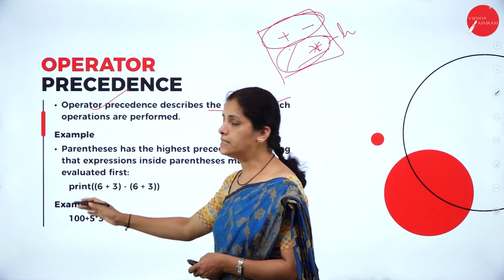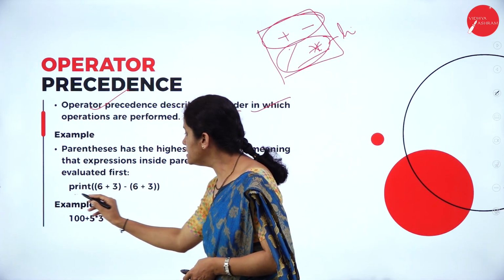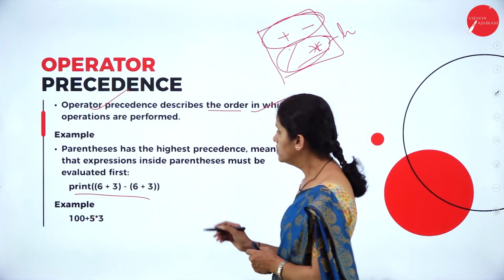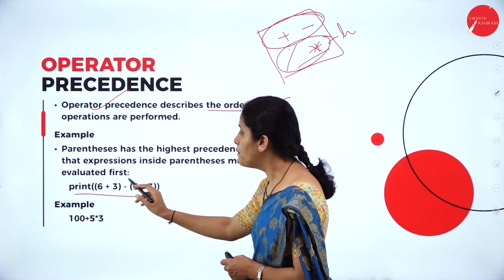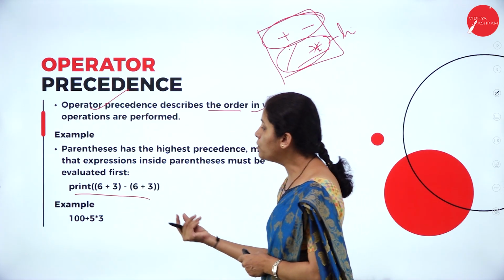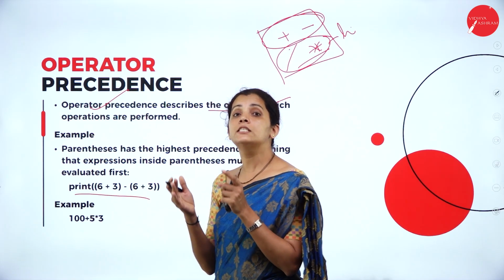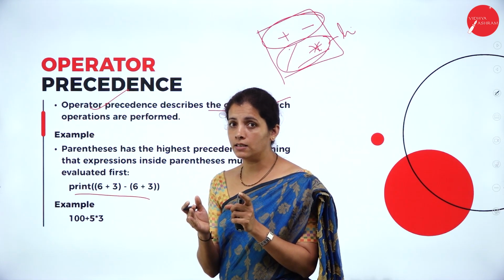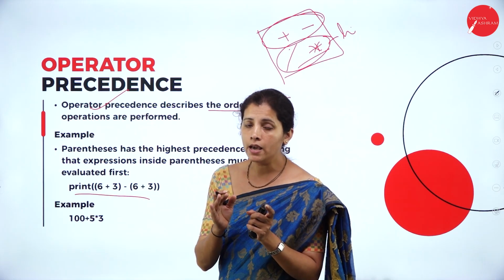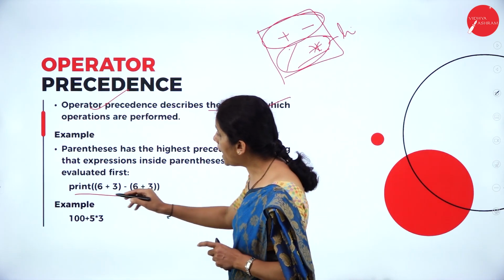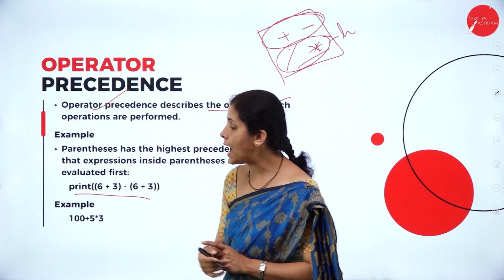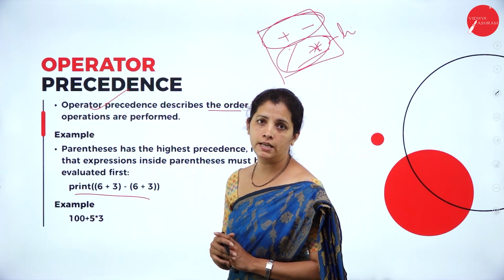Consider this example. I have 6 plus 3 minus 6 plus 3, but the first 6 plus 3 is written within parentheses. So parentheses have higher precedence.